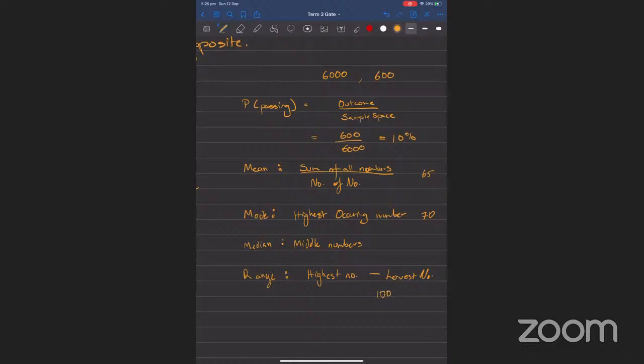So the lowest number was around 20, and the highest mark was around 120, something like that. All right, so that's the range. So that's the mean, median, and mode. Do you guys understand that? Any questions? Yep, I'm just taking a photo of it. All right, no stress.